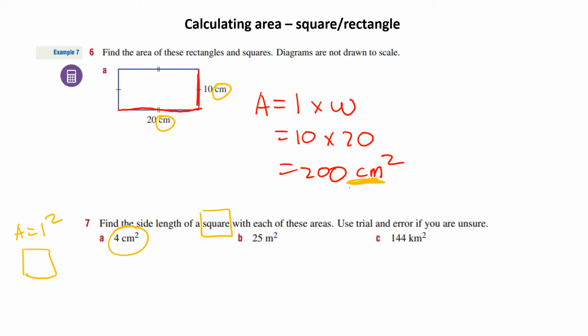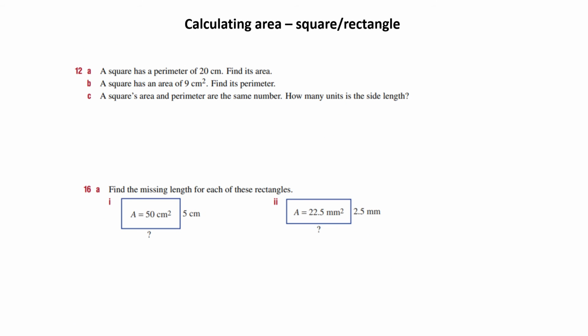In that case, the side length L equals 2, because if I work out the area, A equals L squared equals 2 squared equals 4, in this case centimeters squared. You need to do the same for these two. Look at the number that's going to give you 25 if you multiply it by itself, and the number that's going to give you 144 if you multiply it by itself.